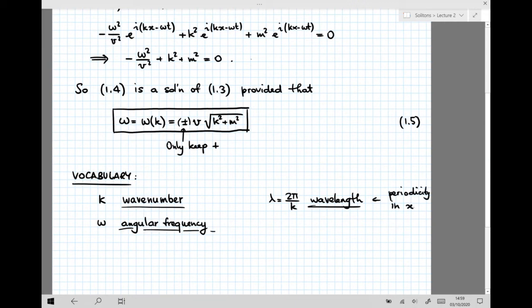So if you send x to x plus lambda, you get the same value of u. And similarly, tau, which is 2 pi over omega, is called the period of the plane wave, and that's the periodicity in t.